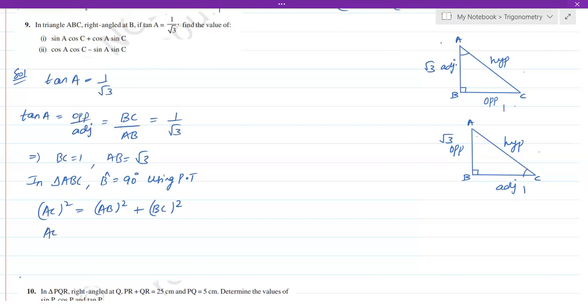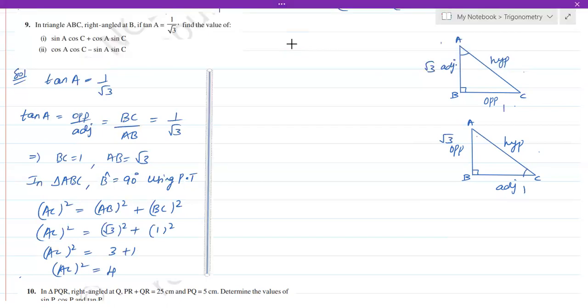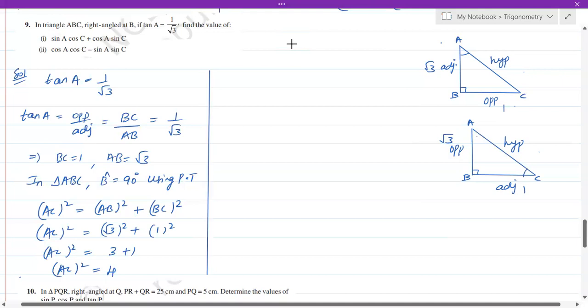We know the value of AB, which is root 3 the whole square, and BC is 1 the whole square. So AC square will become 3 plus 1. Therefore, AC square is equal to 4, which implies AC is the square root of 4, which is 2 units. So we got the value of AC.